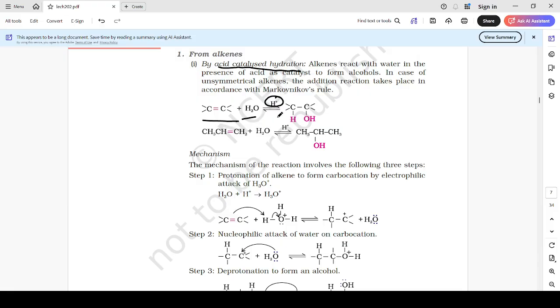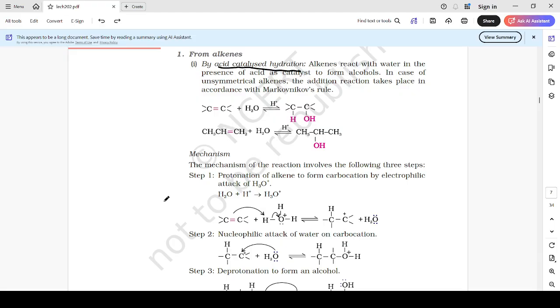You can see the reaction is in equilibrium. That means not such a favorable reaction at all, because the carbon-carbon double bond itself is a stronger one and you are trying to break it. So definitely it will not like it. So the reaction is in equilibrium here.